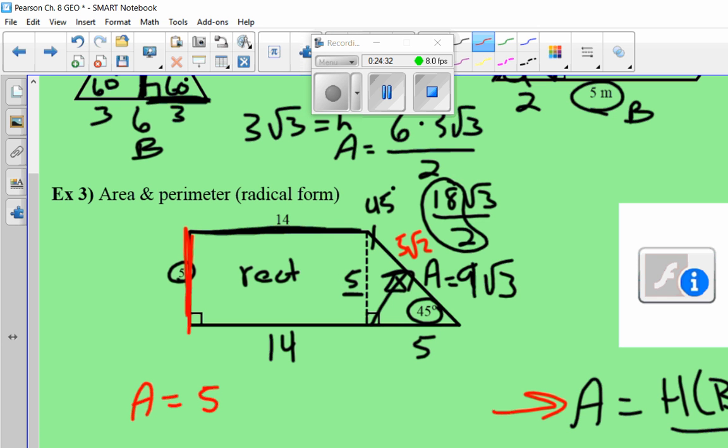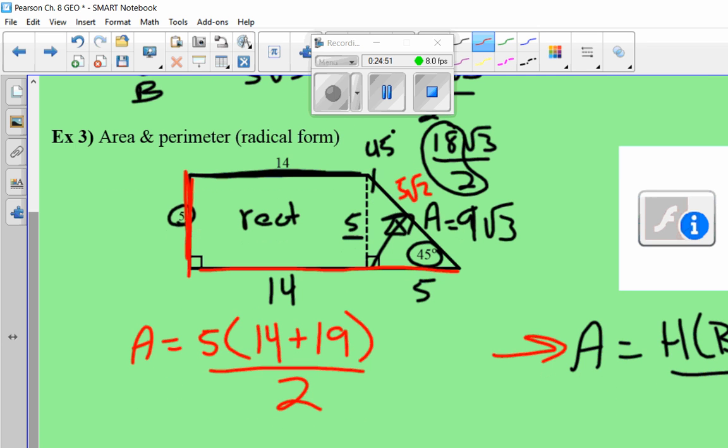Base 1 is typically the top, so that was 14. Base 2 is typically the bottom, so that's 14 plus this 5, which is 19, over 2. Okay, you can go ahead and do the math on that one and see what you get.